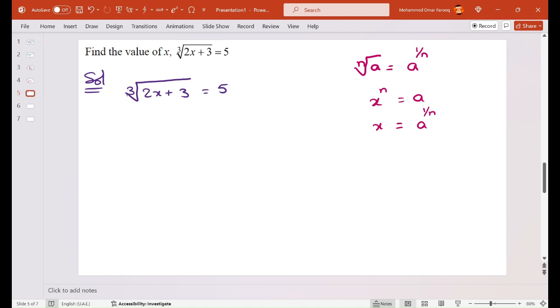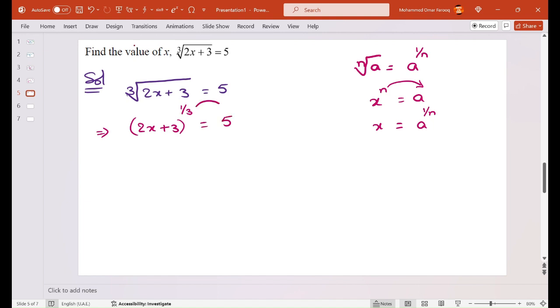So that means the power, when you transpose, what happens? It becomes 1 by n. So here you have cube root. Understood? So (2x plus 3) whole to the power of 1 by 3 equals 5.